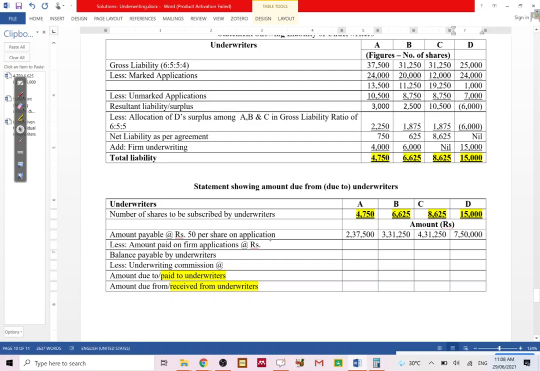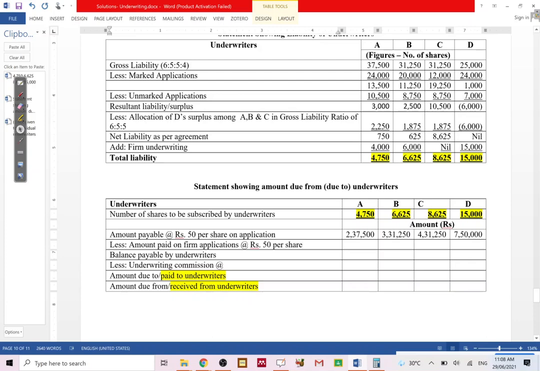Now they are saying that firm applications were also taken by all of these underwriters. So how much did they pay for the firm applications? Again, since application money was rupees 50, they paid 50 rupees on every firm application which they made. So understand that this is the total which they are supposed to pay the company if they take all the shares, but out of this they are first taking the firm applications.